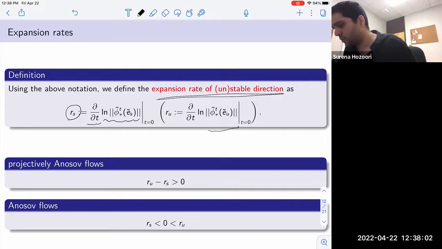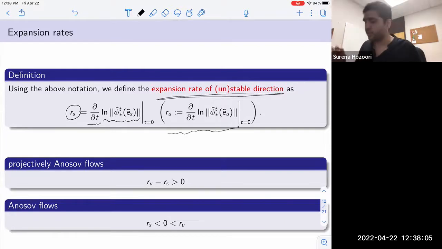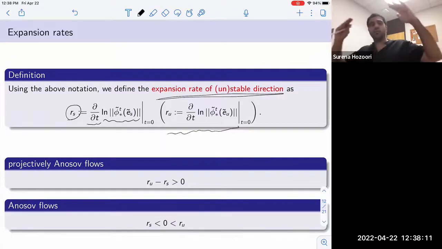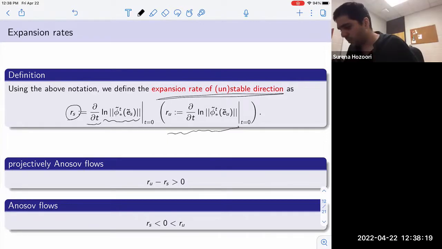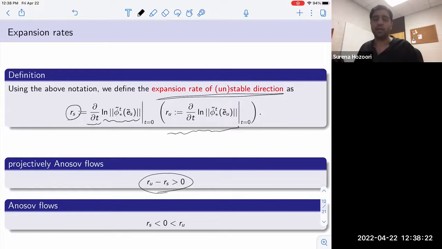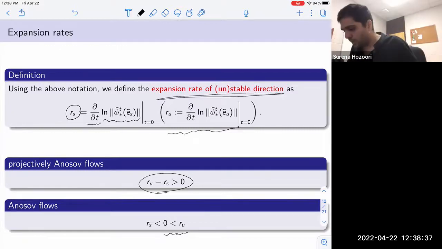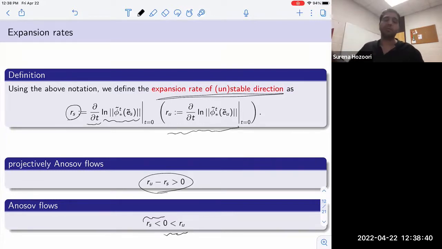And similarly, we can do that with a vector in the EU direction, in the unstable direction. If you remember what projectively Anosov flows are, the definition was that the ratio of the lengths would be growing. If you translate it into this notion, that would mean that RU is always bigger than RS, right? And you can also guess what Anosov flows would mean in this context. That would mean having a positive RU, which gives you absolute expansion in the EU direction, and a negative RS, which tells you that you have absolute contraction in the stable direction.